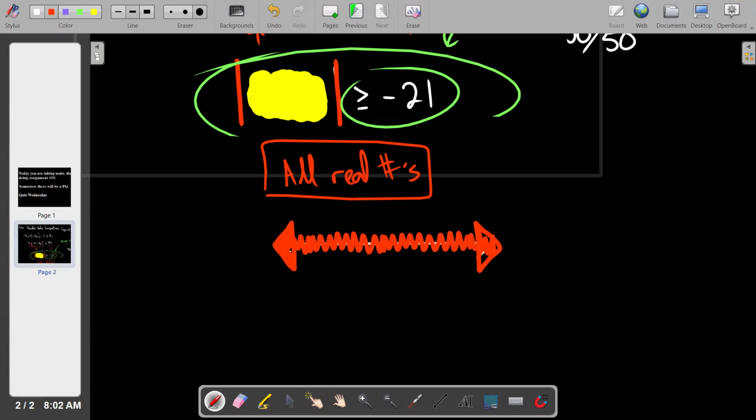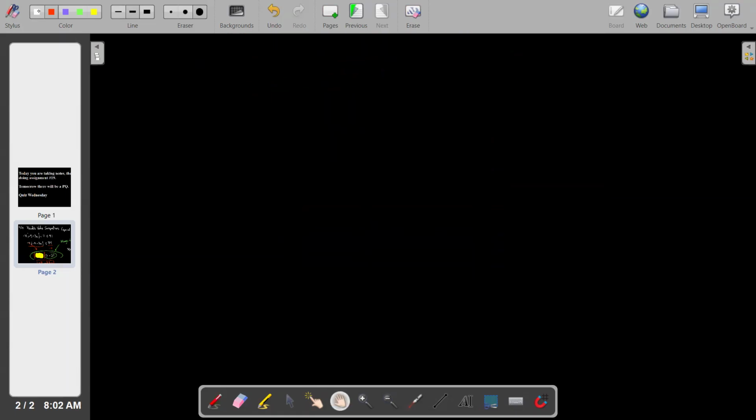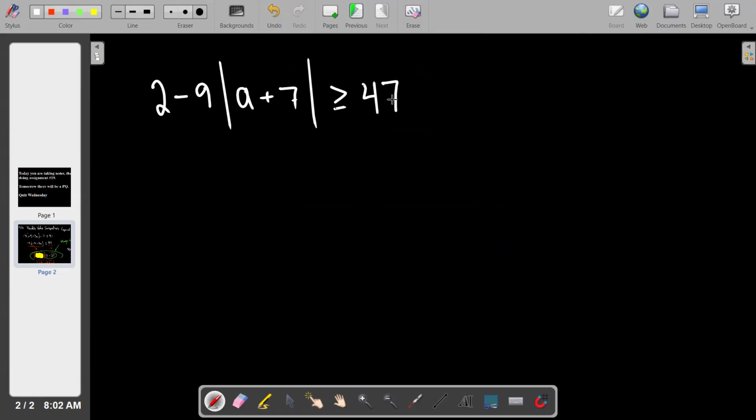Let's do another one. This one is going to be 2 minus 9 times the absolute value of a plus 7 is greater than or equal to 47.